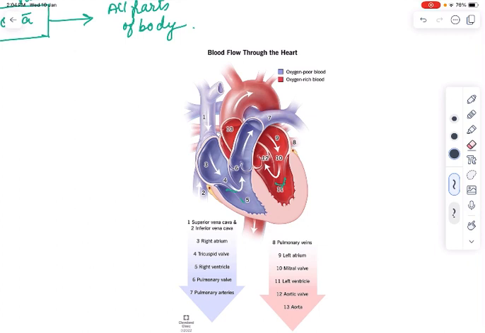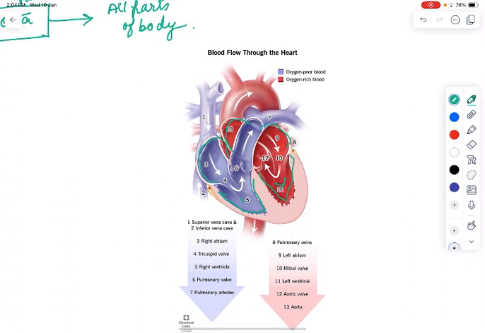After the contraction, there will be a relaxing position of the ventricles. Meanwhile, the atria also relax. Both the ventricles and the auricles will relax.